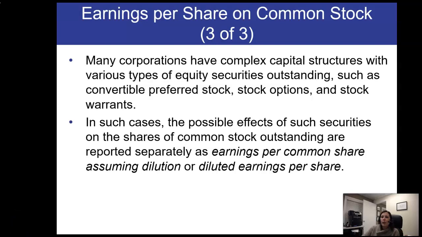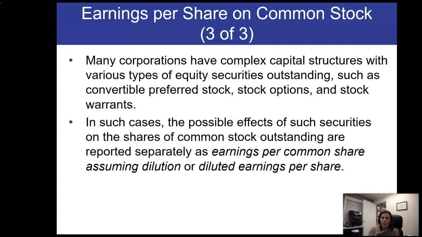So as I mentioned a moment ago, corporations can have really complex structures, and in order to accurately get an earnings per share calculation, those get skewed by things like preferred stock, stock options, and warrants. So in order to factor out those, you need to calculate what is known as diluted earnings per share.